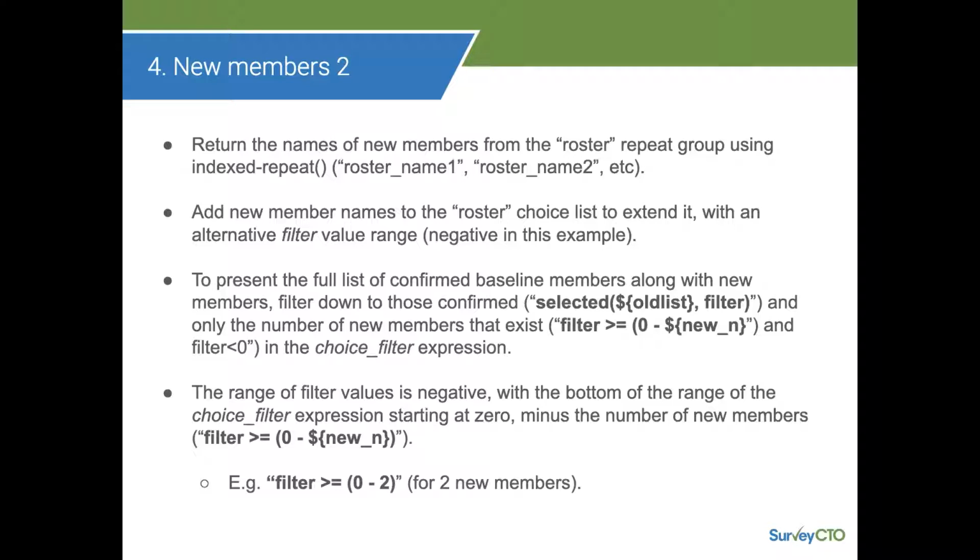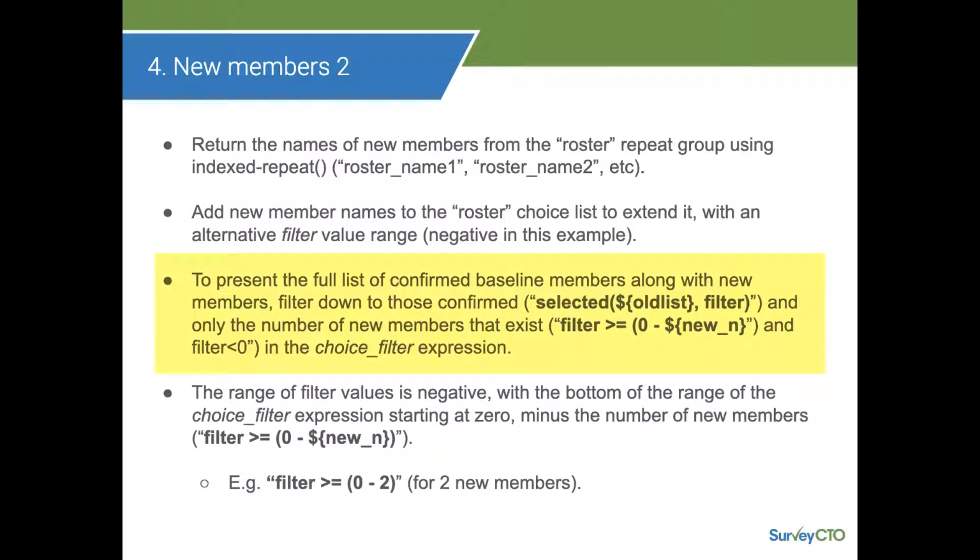This is achieved with indexed repeat expressions to statically call each new potential member's name from their repeat group position. The new member names extend the roster choice list, but with the important difference that these choices have an alternative negative filter value range.